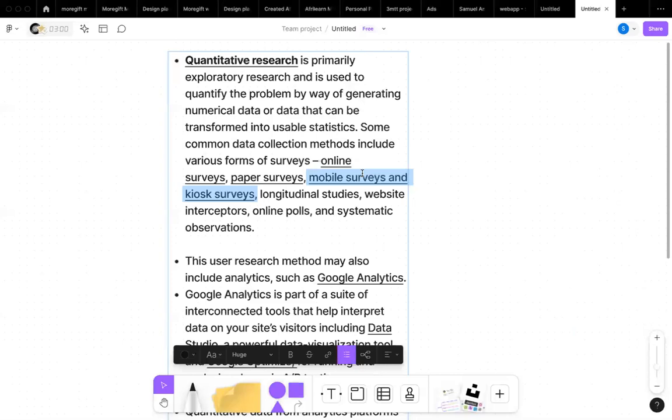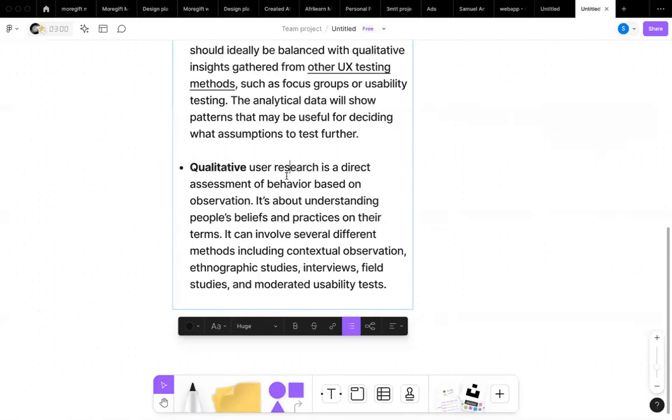Now, qualitative research explores behavior. It answers the question of why. Quantitative research answers the question of what. It can even answer where, but it doesn't tell you why. You may know that based on this data, 80% of women said no and 20% said yes.